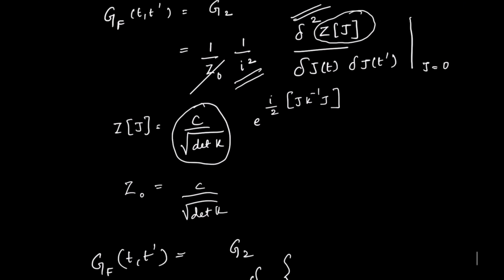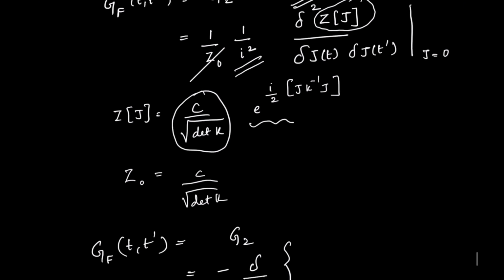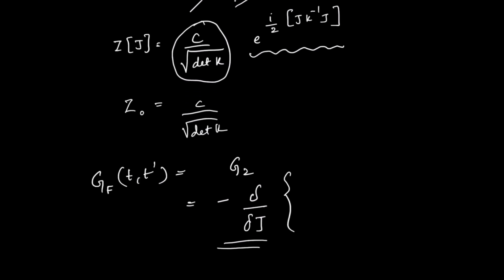So derivative of Z of J. Z of J is e raised to I by 2 J K inverse J. So the derivative will be e raised to I by 2 J K inverse J itself, right? And the derivative of J K inverse J with respect to J.